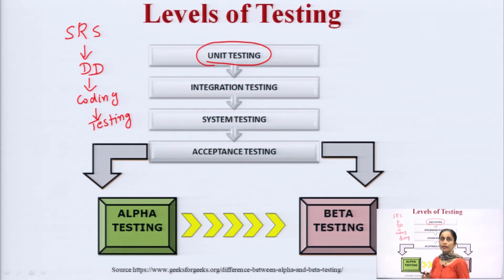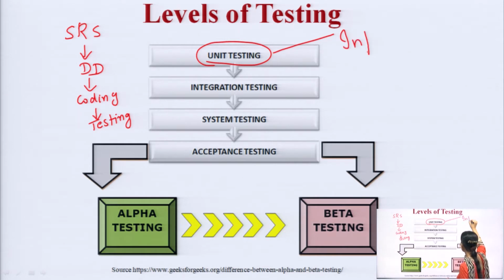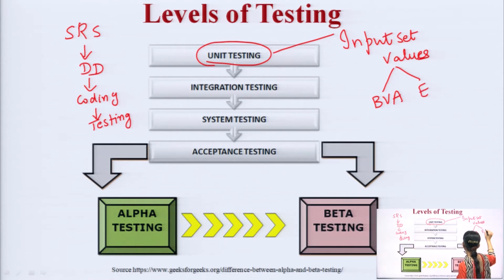The independent modules that the developer is developing are tested separately for their working, for their input set of values. We test them either using boundary value analysis or equivalence class partitioning that we have discussed, or we can make decision tables and cause effect graphs that we have studied in the last lectures.